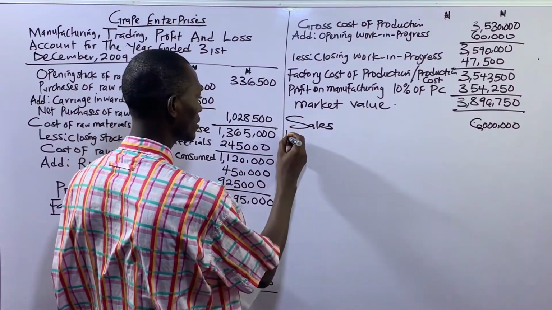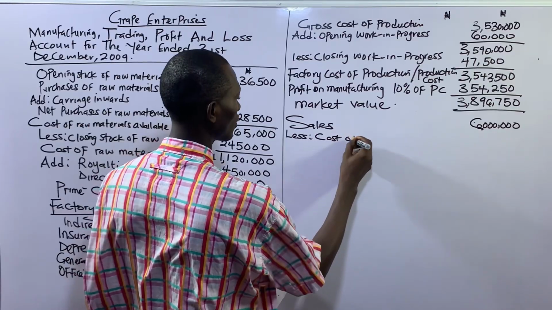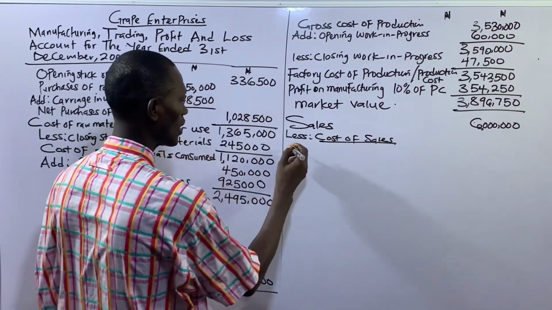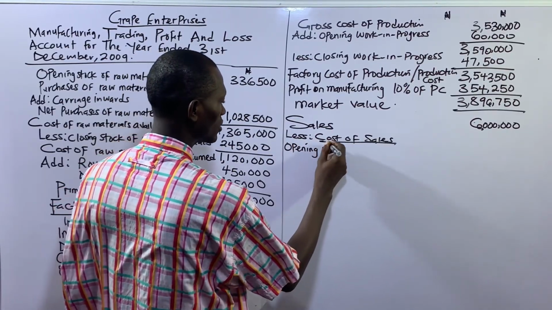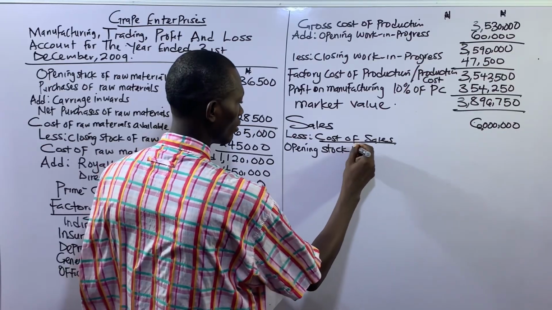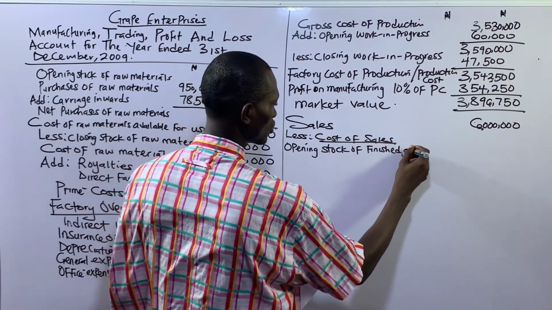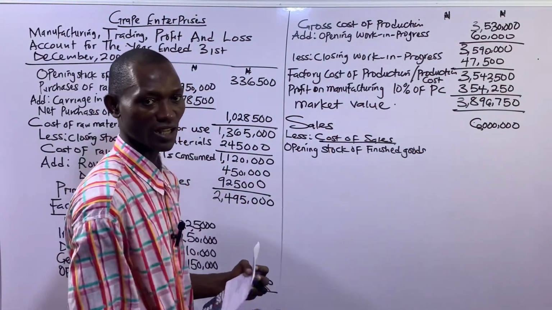So we less cost of sales. The cost of sales, we have our opening stock of finished goods. So we are going to be concentrating on finished goods in this trading account.